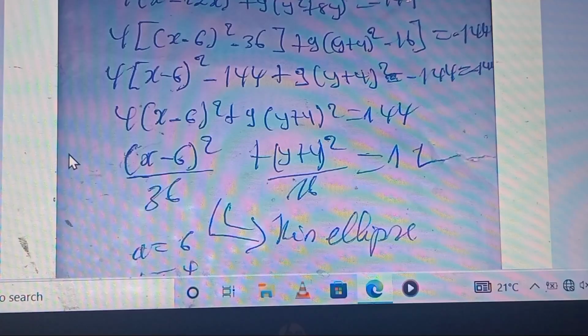That is the way I complete the square, step by step, step by step. You can also use completing the square in unit number 8 in senior 5, and even in senior 4 for quadratics. That is the way I do it, until here you get 4 times (x minus 6) square plus 9 times (y plus 4) square is equal to 144.